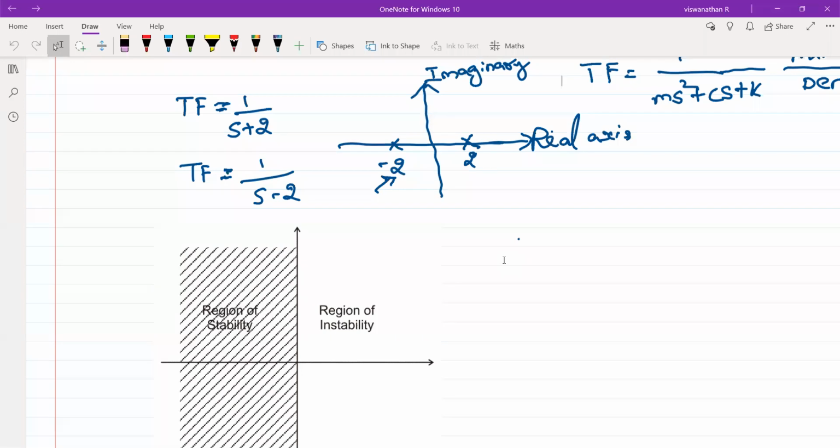What is the situation where the system is marginally stable? The poles are located on the imaginary axis. There's no real term, only the imaginary term is there. In that situation, the system is marginally stable.